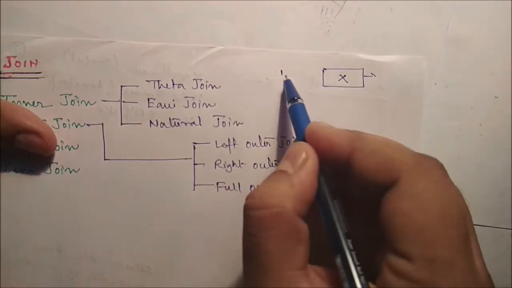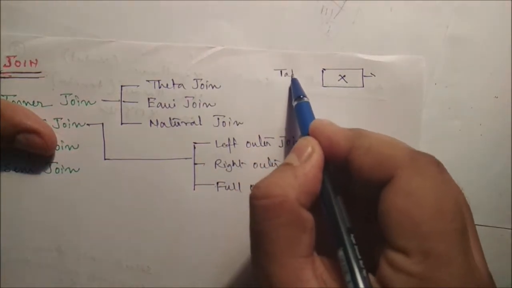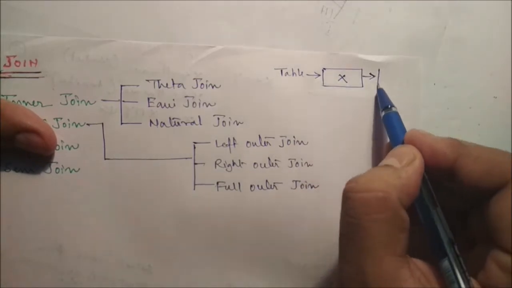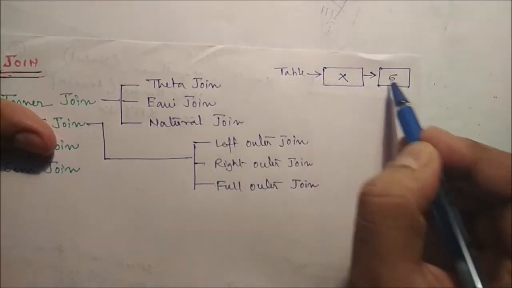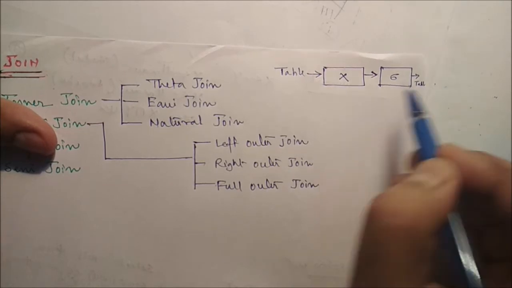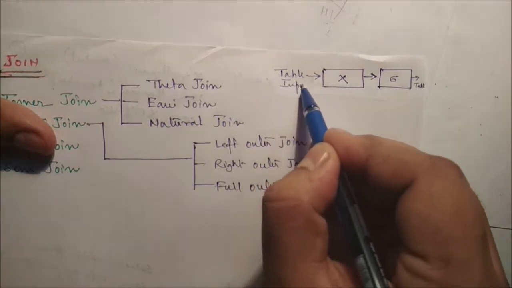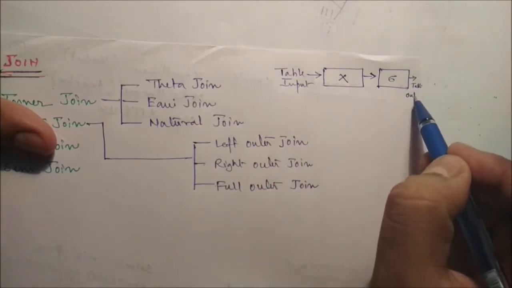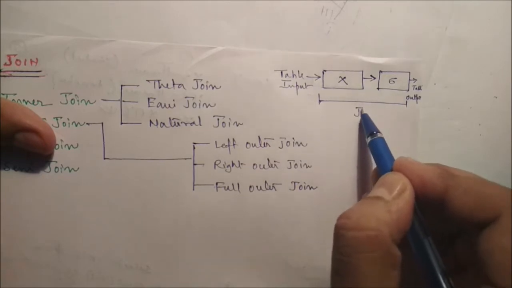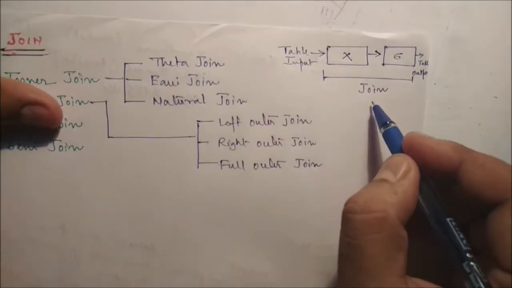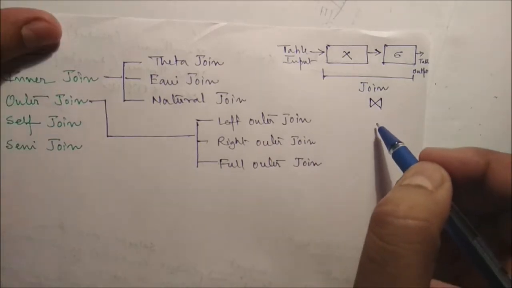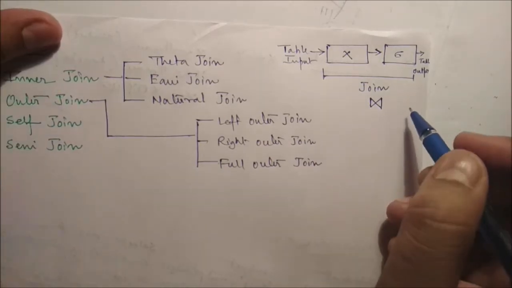First apply the Cartesian product, then apply the selection, and then we get another table, which is the output. So this is the input table, and this is the output table. The combination is called join, and we use this symbol for join. Are you getting this?